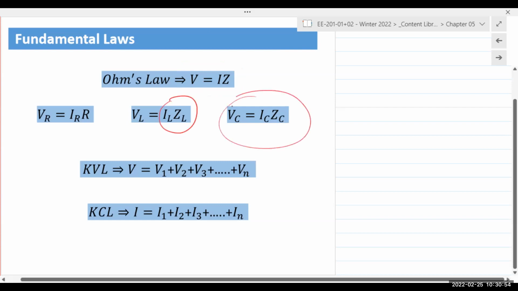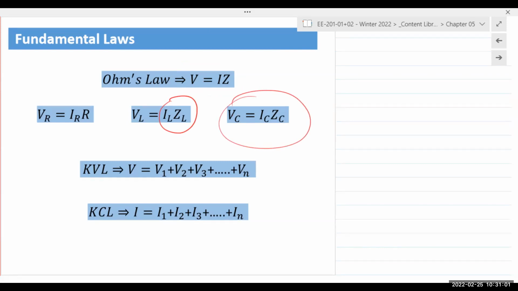Same thing with the capacitor. Instead of the capacitor being the integral of the current, it simply is the product of the capacitor current and the impedance of the capacitor. All of the equations that we learned apply just as well. The only difference is the quantities are now complex numbers.